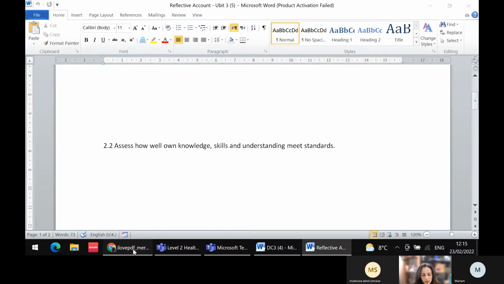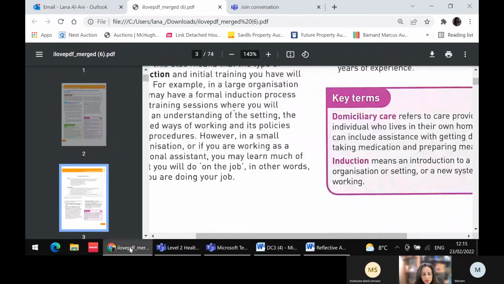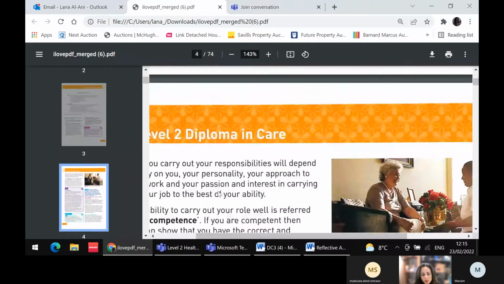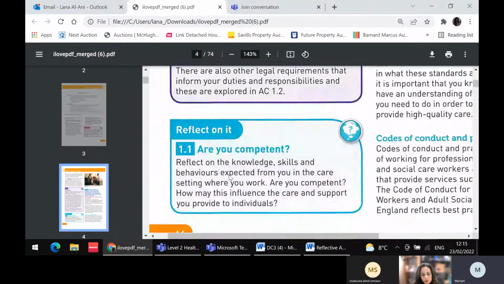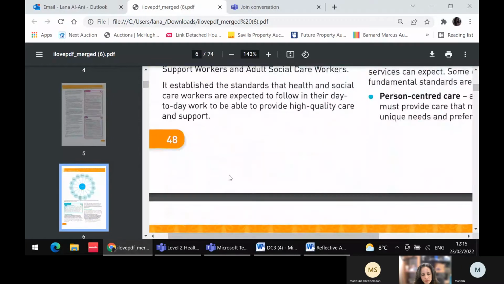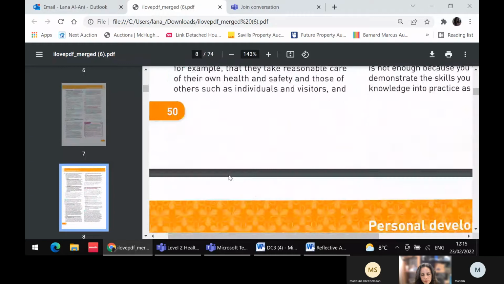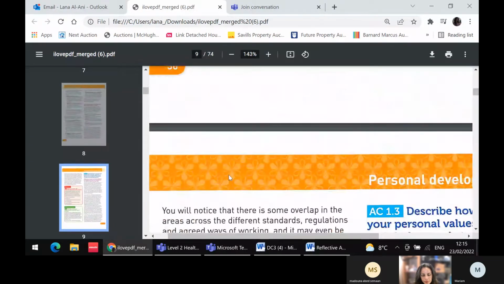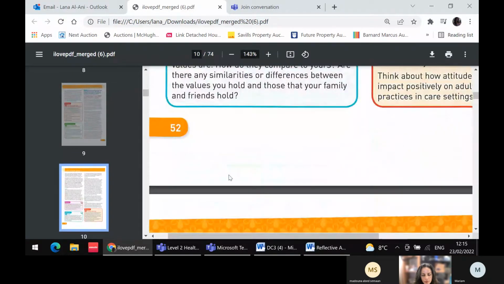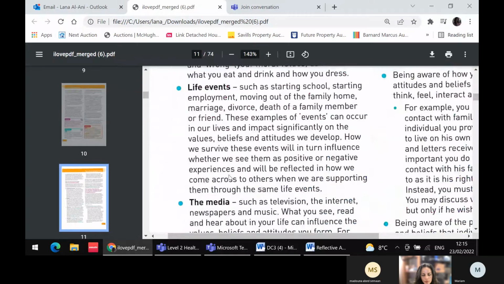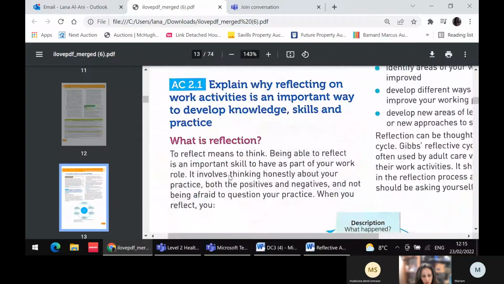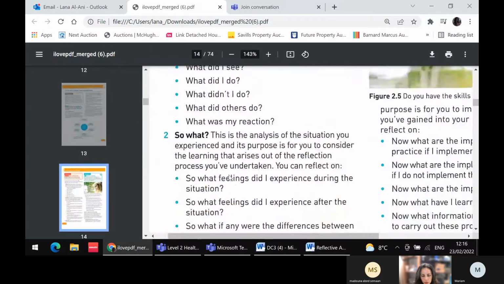We discussed this, didn't we? Do you still remember? So if I go to 2.2, okay, that's 3.1, now 2.2, what is it?